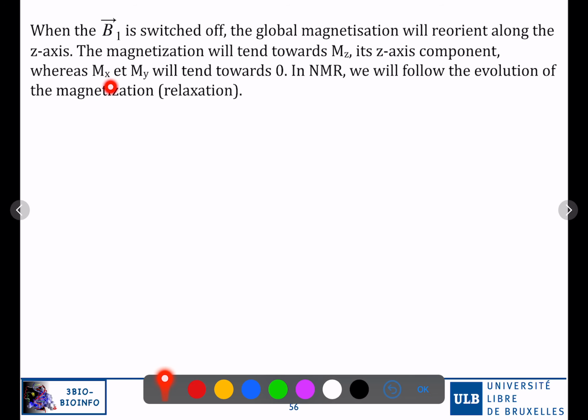And after that, Mx and My, the X and Y components of the magnetization, will tend towards 0. And what we will do in NMR, we will follow the evolution of the magnetization along the X, Y, and Z axes, and we will follow what is called the relaxation of the system.